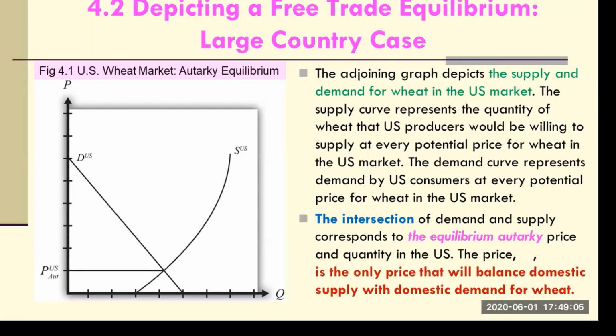That means autarky indicates self-sufficiency within the local jurisdiction, where the amount of supply and the amount of demand are equal and sufficient within the country, within the jurisdiction of the land.